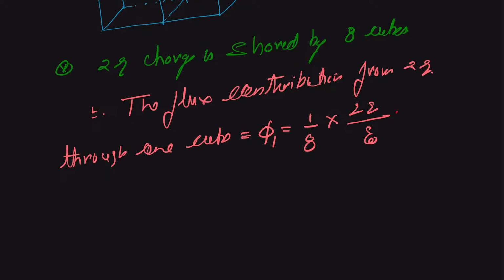Okay, so this comes as q upon 4 epsilon naught.